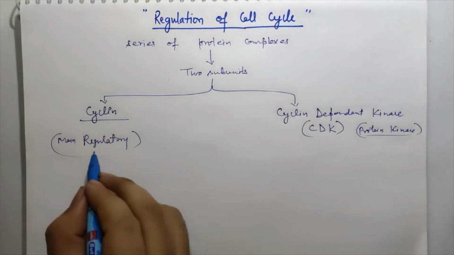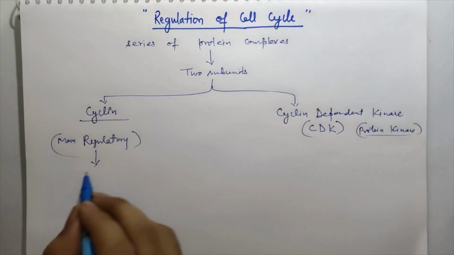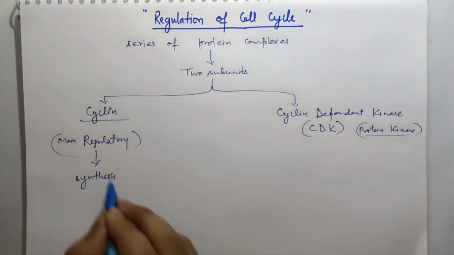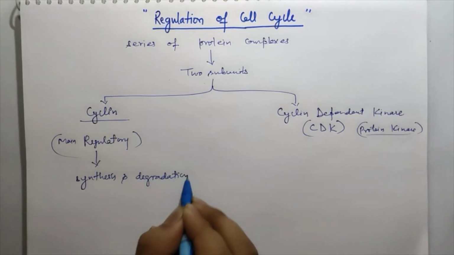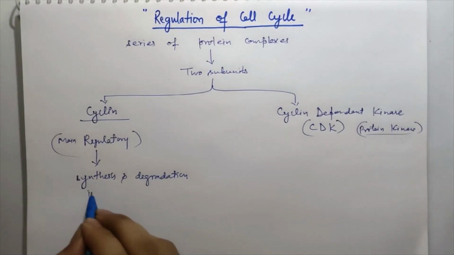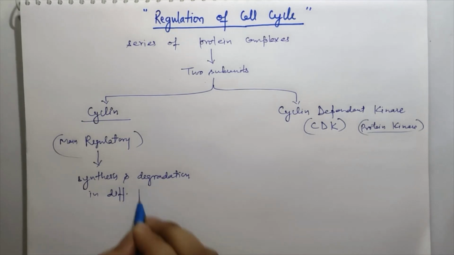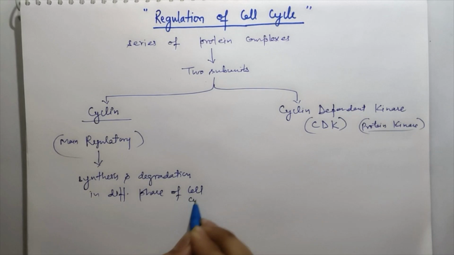And they are named so because they undergo a cycle of synthesis and degradation in different phases of the cell cycle. So that's why they are named cyclins.